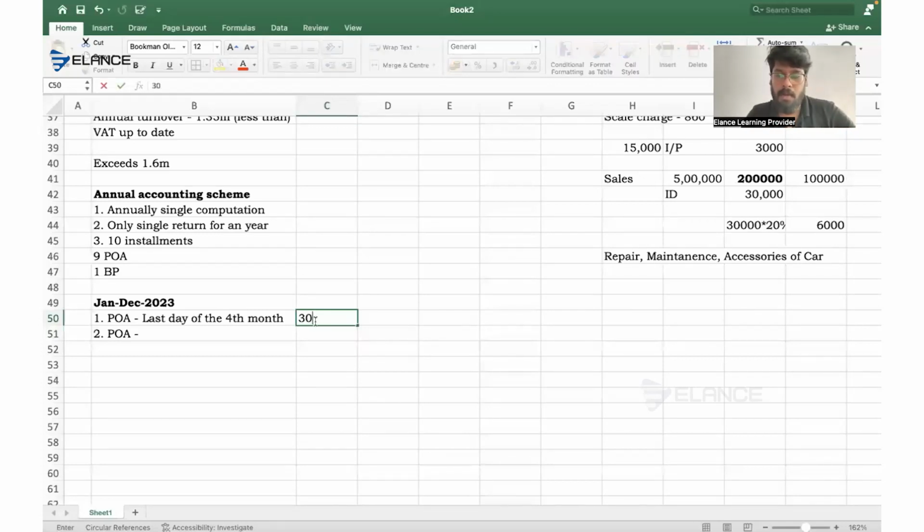So the first payment on account will be due on 30th April 2023. The remaining payments on account will be due on the last day of each following month, so the second payment on account will be due on 31st May 2023.